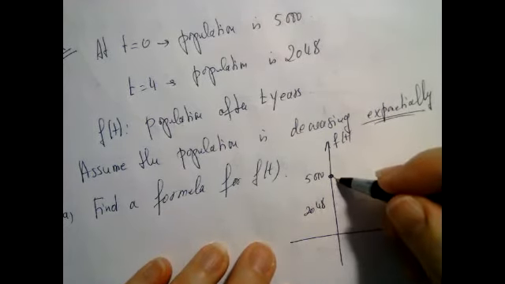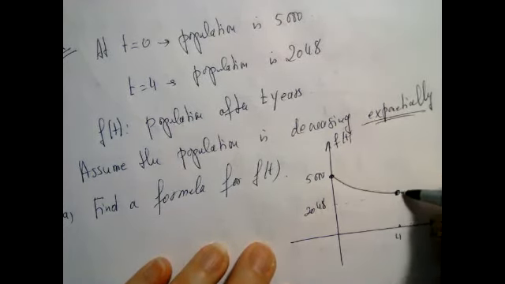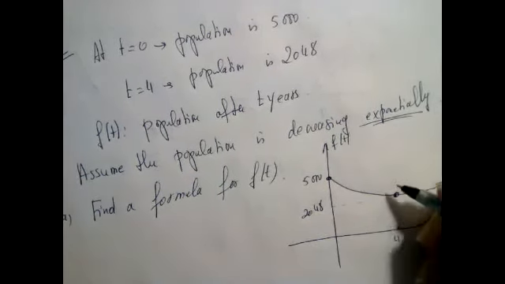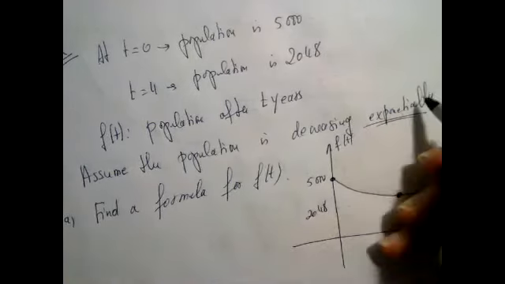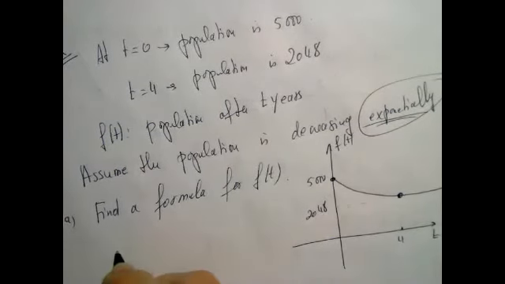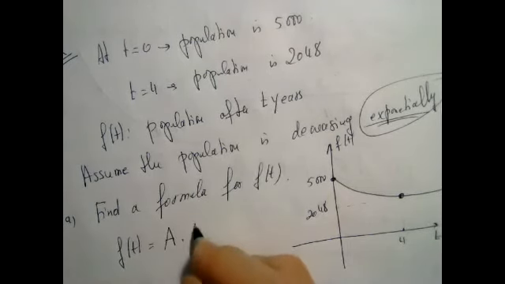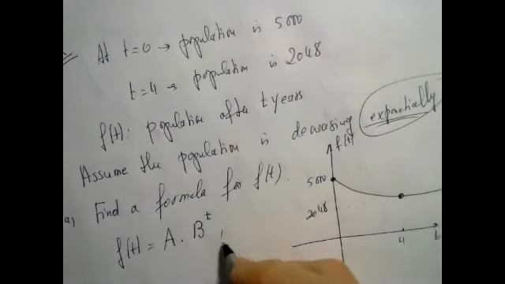It means the graph is going like this. It's not linear. That's the graph of the population. And now the question is, we're going to find a formula. Since I'm telling you it's exponential, it means it's governed by the relationship A times B to the t. And my question is to find A and B.